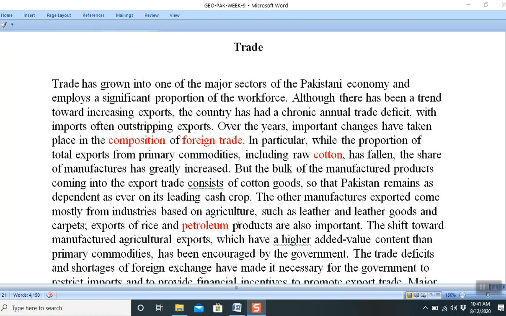So this is the simplest form: whatever goods, materials and equipment our country produces in the factories and mills planted here, we sell in the international market, and in return we get money. This is called export. At the same time, a country is not omnipotent or self-sufficient in everything.